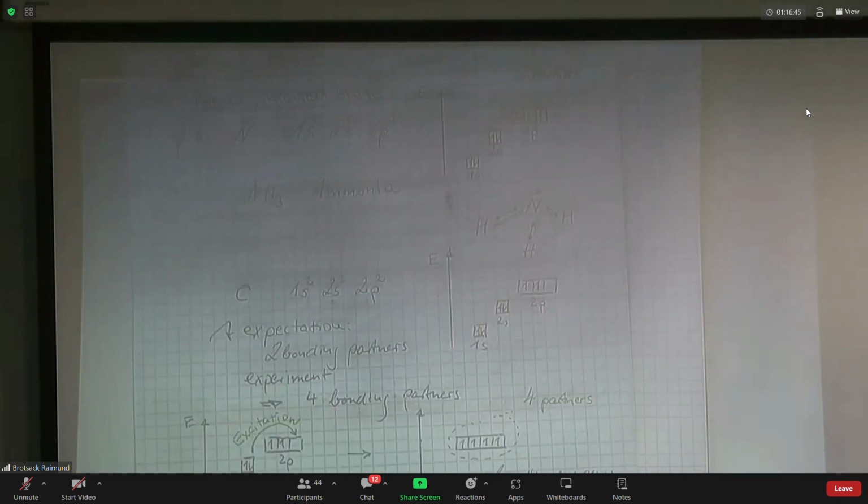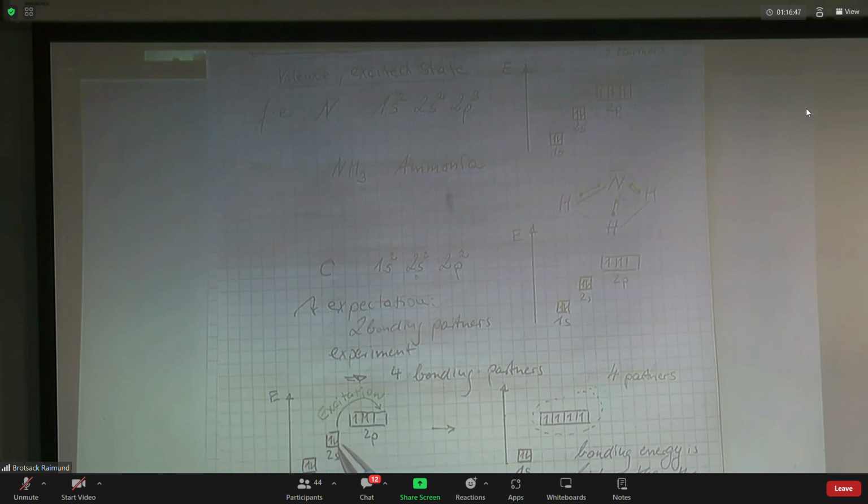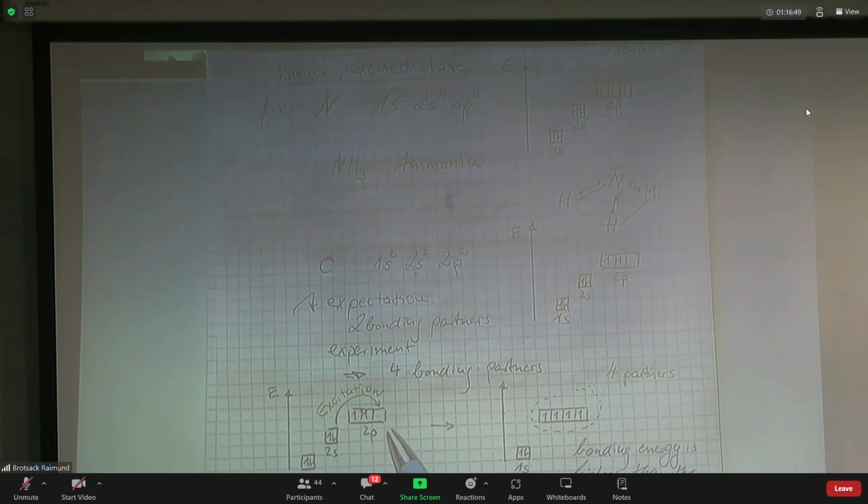Here we have an s and we have p orbitals. We have one s orbital and we have 1, 2, 3 p orbitals. And that always we have at the beginning 4 orbitals. And when we do the hybridization, we have again 4 orbitals. But now we call them sp3 hybrid orbitals.